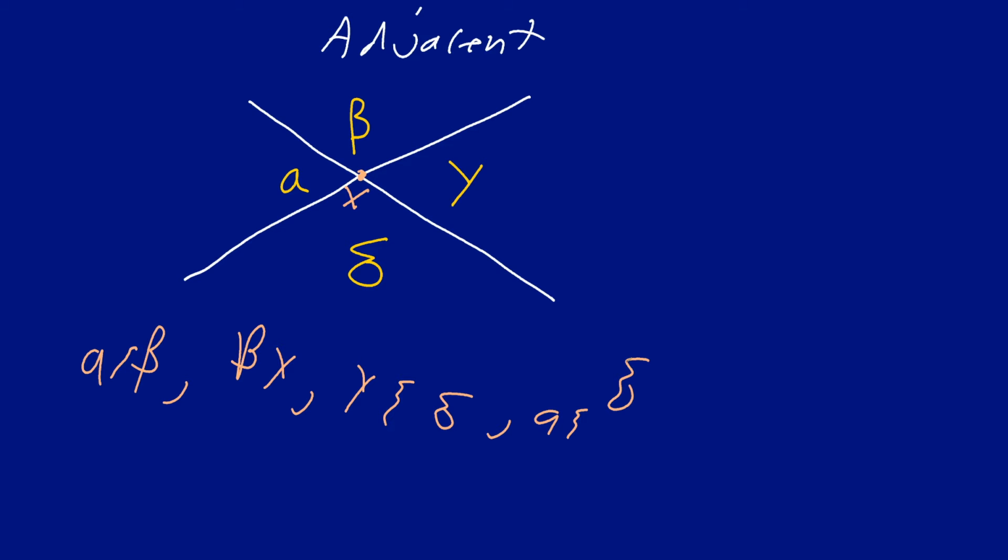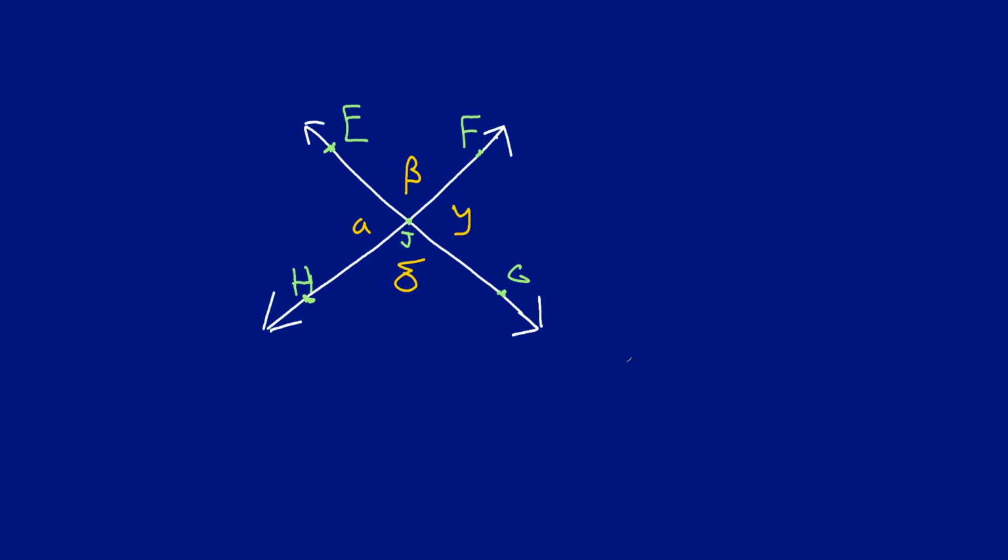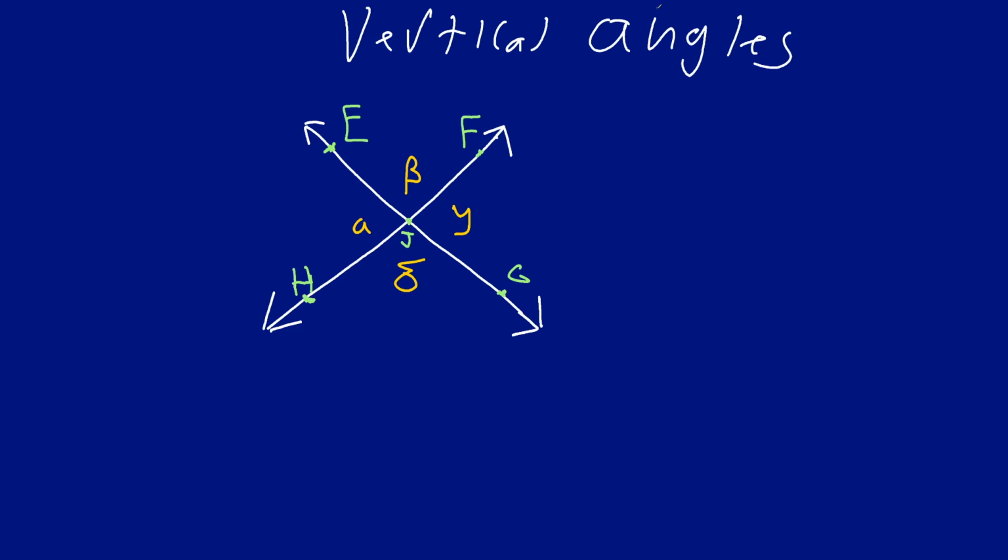Now, something else that we need to explain here is this idea of vertical angles. So let's go ahead and go to the next one. When you're dealing with vertical angles, the rules are slightly different.